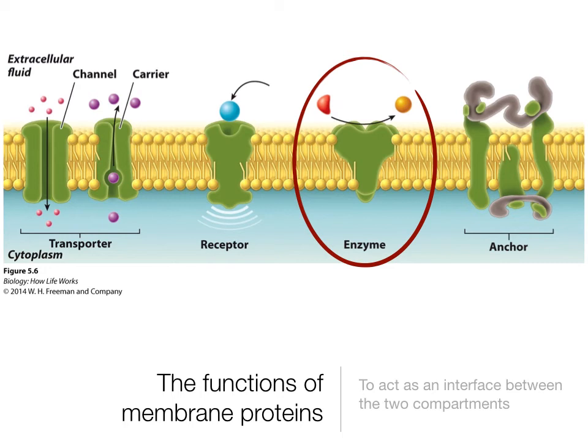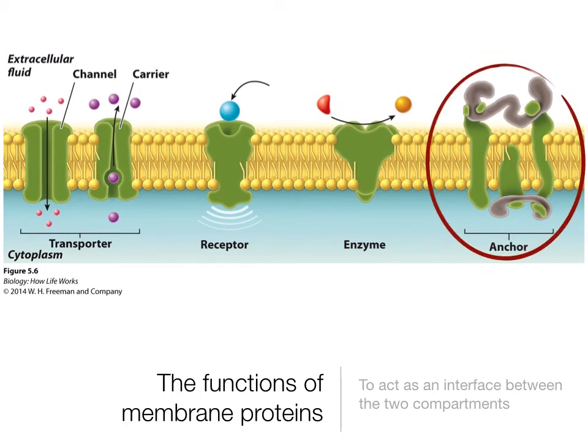the tissue. And finally, proteins can serve as anchors, so they can interact with other proteins or other molecules, either extracellularly or intracellularly, so that the compartment created by the membrane in question will be attached to another part.